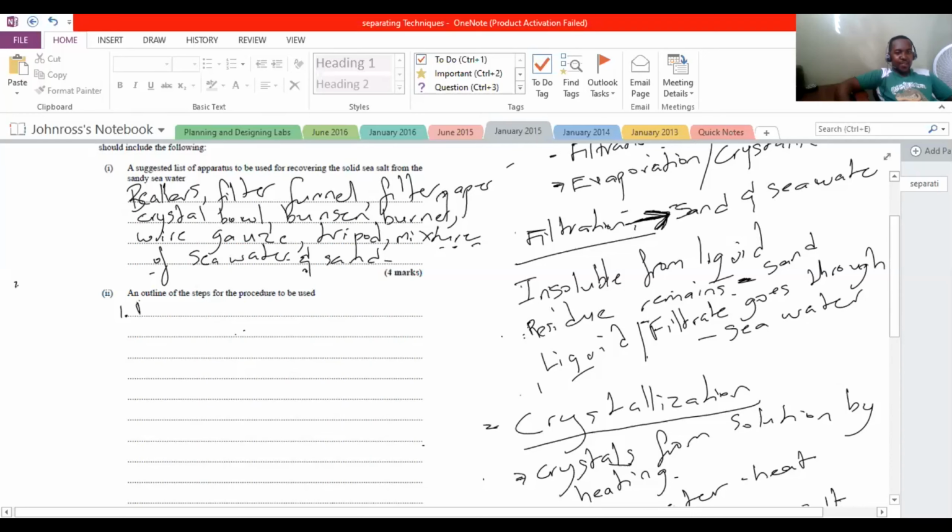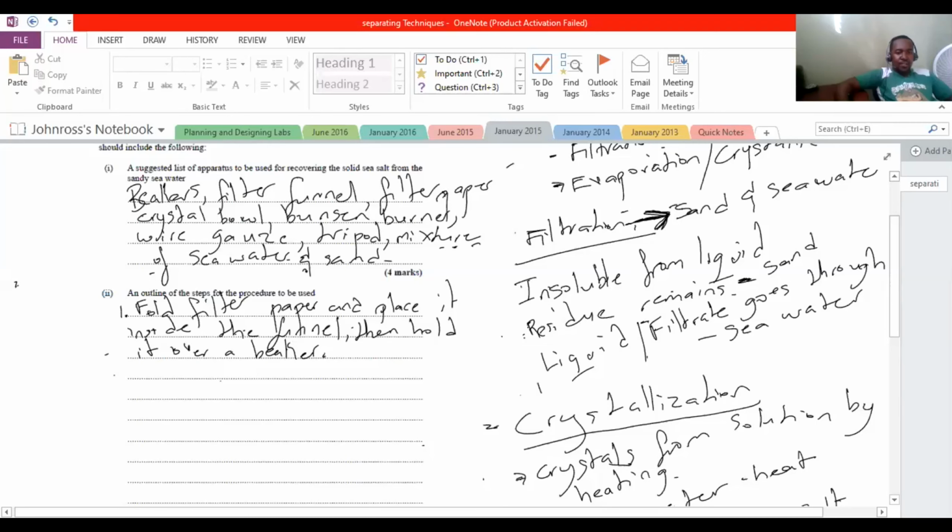So let me help you out. Fold the filter paper and place it inside the funnel, over a beaker. Step two.